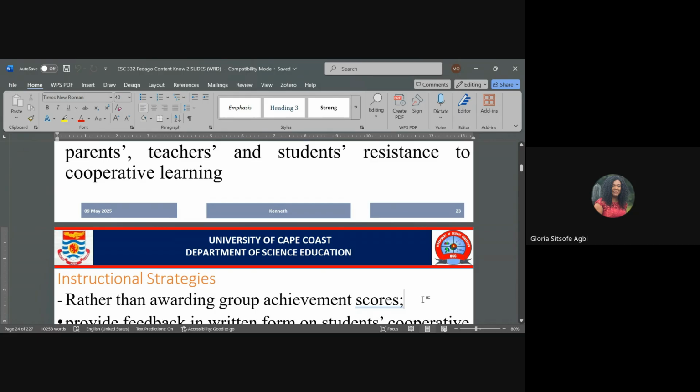My question is, has somebody also gotten experience regarding why students or teachers are resistant to cooperative learning groups as a result of group scores, like our brother is saying?